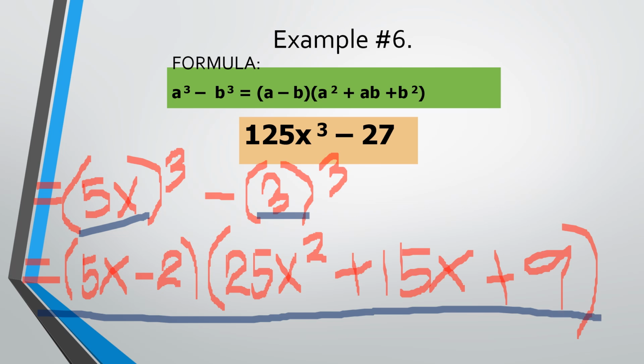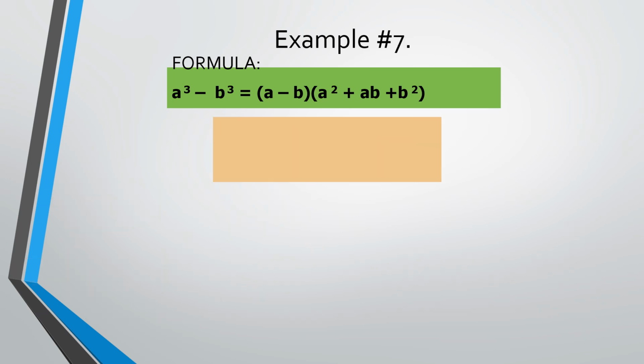Okay, I think there is another problem here. We have 216x cubed minus 125y cubed. Again, the first term is raised to the power of 3, and then the second term also. Let's solve this one. Equals, open parenthesis. The cube root of 216 is 6.